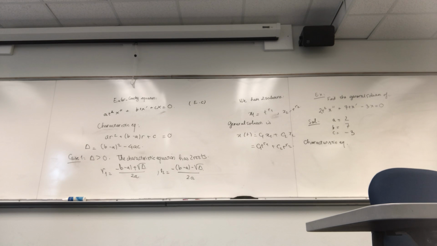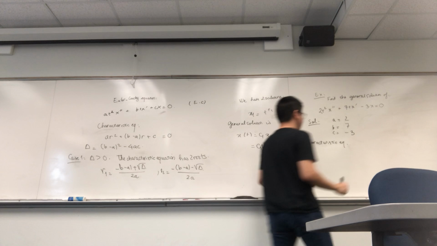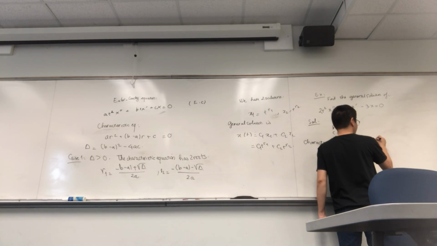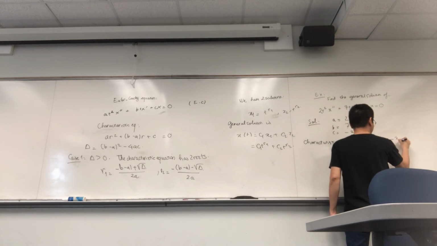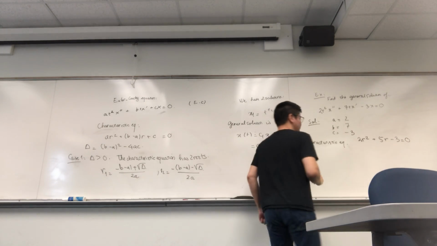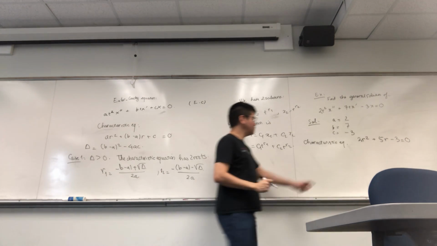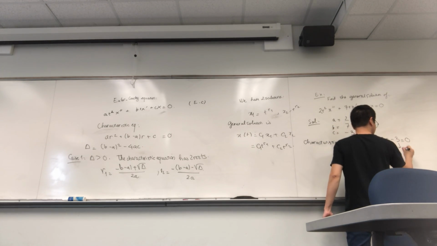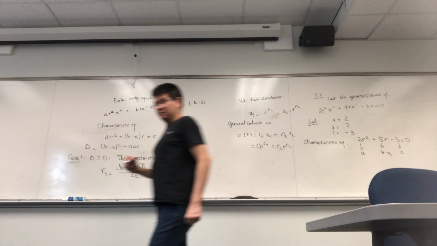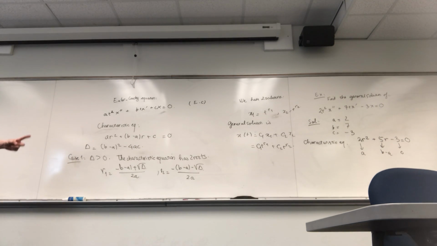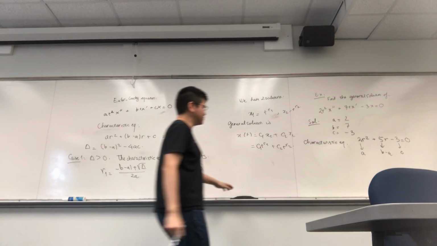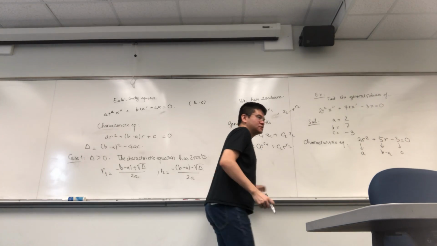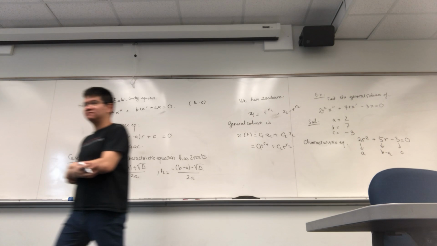You're going to get 2r squared plus 5r minus 3 is equal to 0, because this is a, this is b minus a, and this is c. So what are the two roots of this equation?